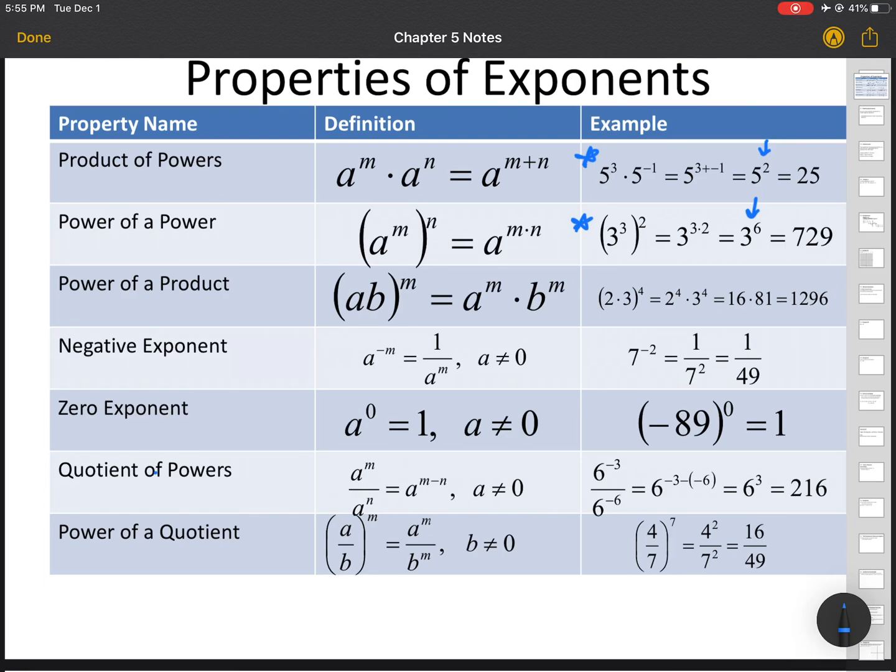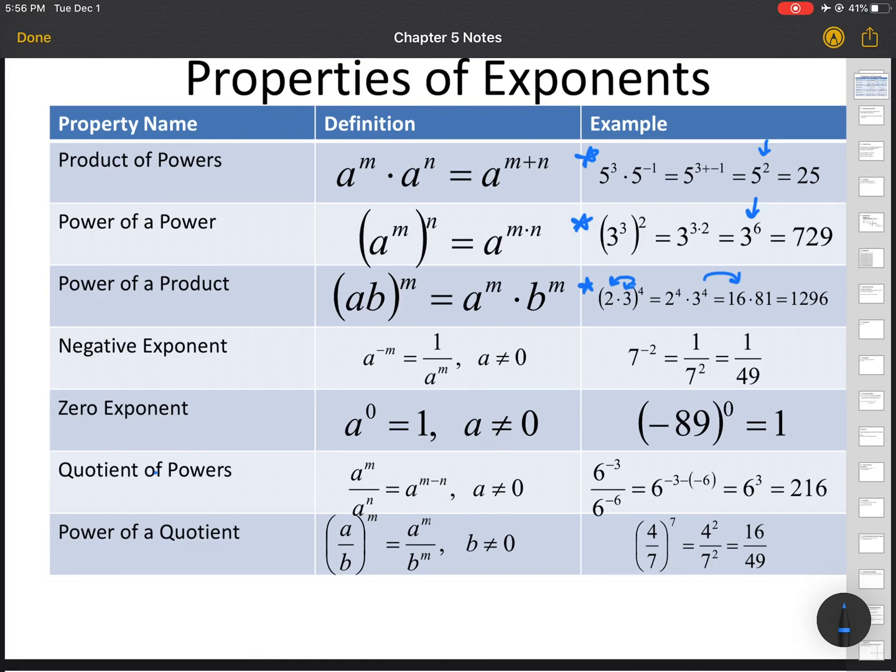So for example, I have two different bases over here, 2 and 3, and I'm going to distribute that exponent of 4 to both of those bases on the inside. So it becomes 2 to the 4th power times 3 to the 4th power. And 2 to the 4th is 16, and 3 to the 4th power is 81, and when I multiply those, that is 1,296.